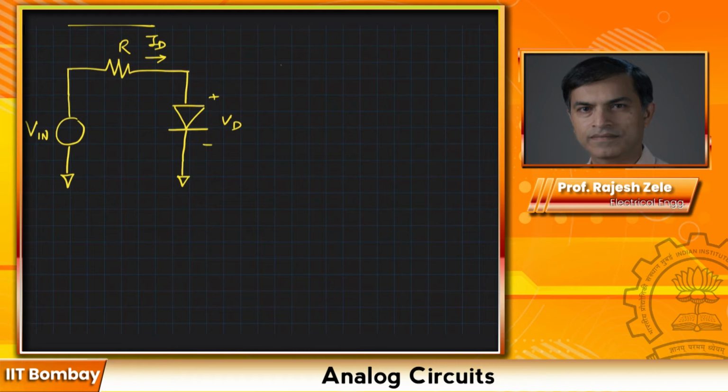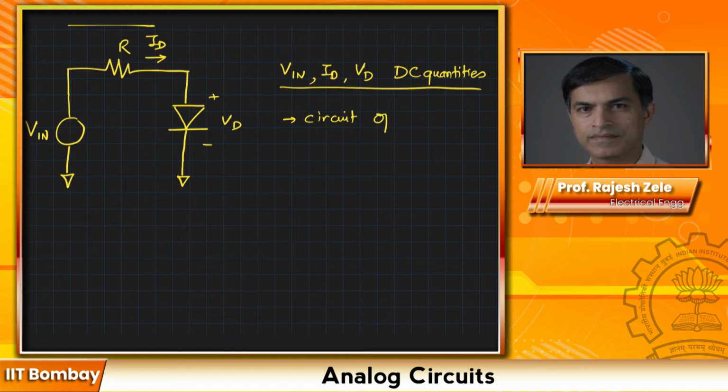So V in, ID and VD are my DC quantities. Those we can figure out based on the previous analysis that we just did. These are also called the circuit operating point.